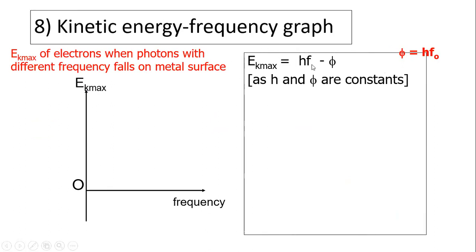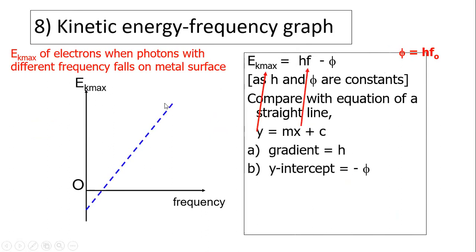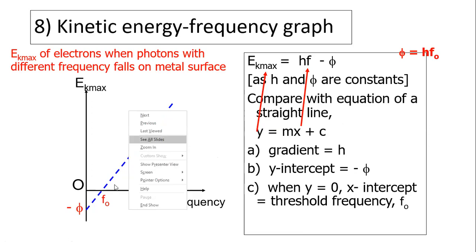And we say that from this equation, it's a straight line graph. Gradient is h, Planck's constant. And then the y-intercept is your work function. And that point there, where y equals 0, or zero kinetic energy, is your threshold frequency. Okay, let's go further.